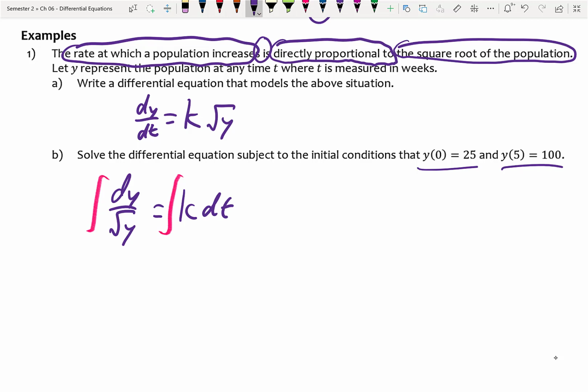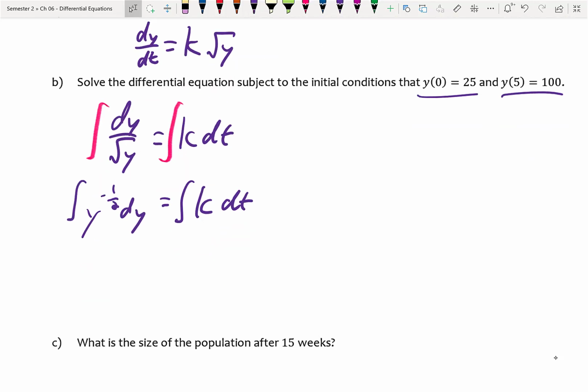So integrating the left side means this is really y to the negative 1/2 dy integral, and the integral of k dt. When I integrate y to the negative 1/2, I'm adding 1 and then dividing by that same thing. This is 2 root y equals kt plus a constant.